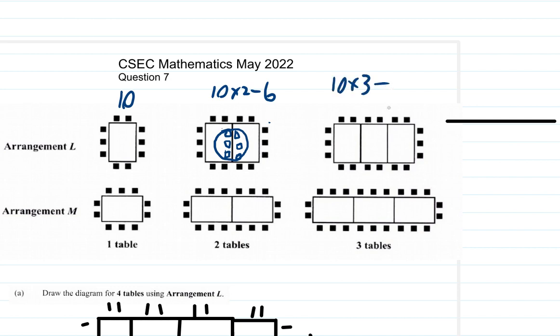Because if they were separate, there would be 10 by 3, which is 30 chairs. But how many did you lose? You lose 3 for this table, 3 for that table, 3 for this table, 3 for that table. So you saved 1, 2, 3, 4, 5, 6, 7, 8, 9, 10, 11, 12. It would have been 12 chairs when you put them together like that.